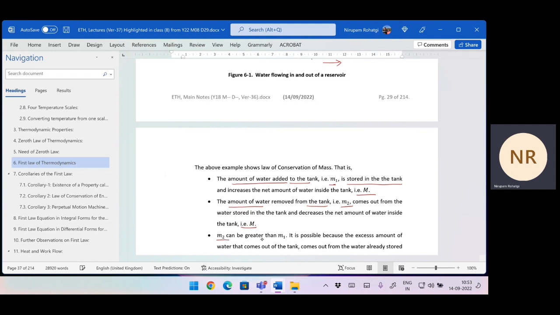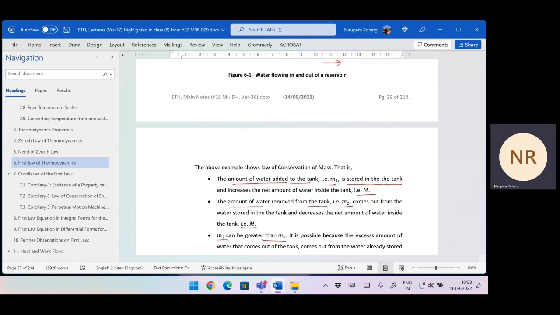That M2 can be greater than M1. You can draw more than you input. That is what you do. Think about the overhead tank in your house. One day you don't pump any water there. What will happen? It already has something. At least for a day you can use that water. M2 will be there when M1 is not there.